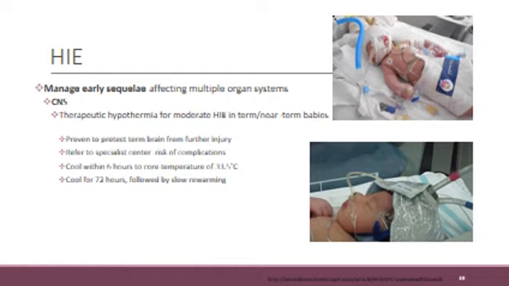It is important that a specialist center should oversee this management strategy due to a significant risk for complications. The patients should be cooled within 6 hours to a core temperature of 33.5 degrees Celsius, and this is usually done by a rectal probe. The patient will be cooled for 72 hours, after which a very slow rewarming process will take place.